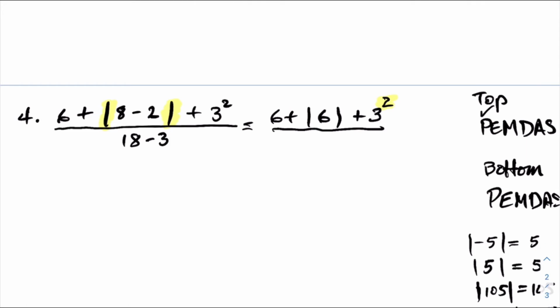You can do the denominator at the same time. 18 minus 3, there is no parentheses, no exponent, no multiplication, no division, and no addition.